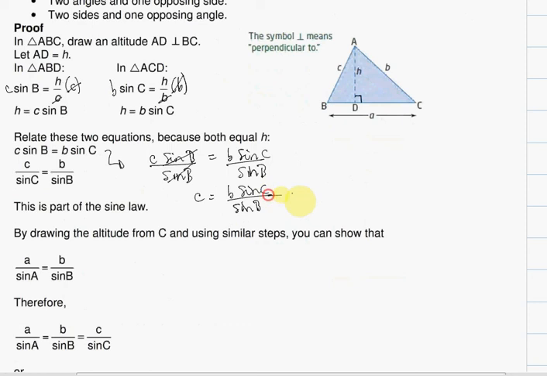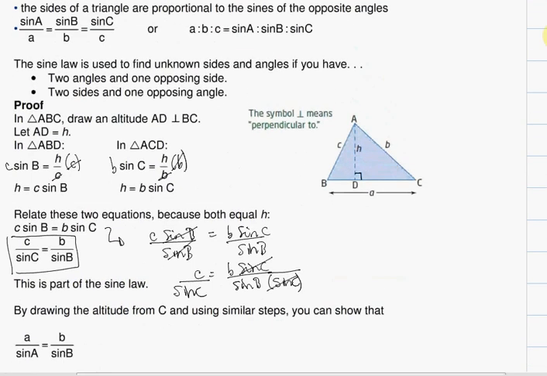And let's say that I divide both sides by sine of C, then I can reduce my sine C's, and as you can see, you are left with C over sine C equals B over sine B, which is here. And this is part of the sine law. Okay, so if you go back up here, it's actually this part of the sine law. It's just that it's flipped, but they still are equivalent to each other.